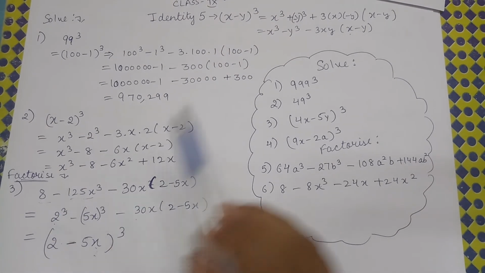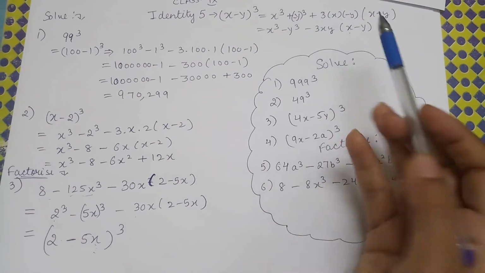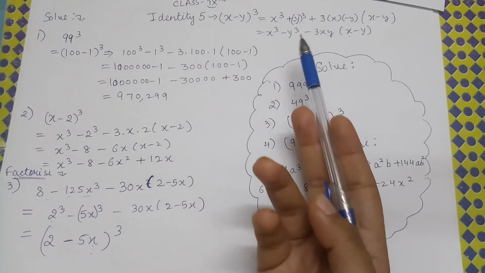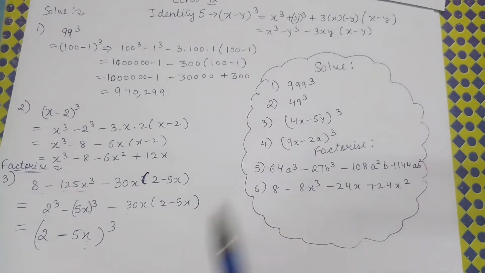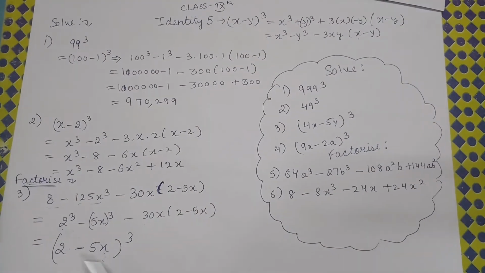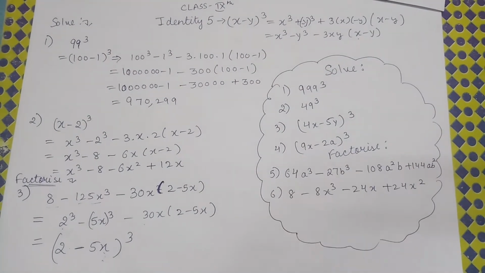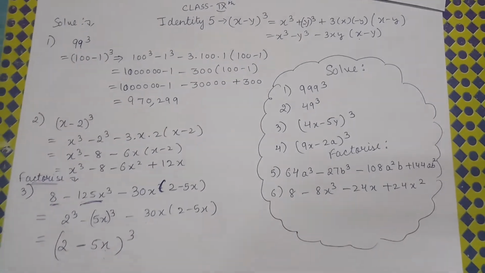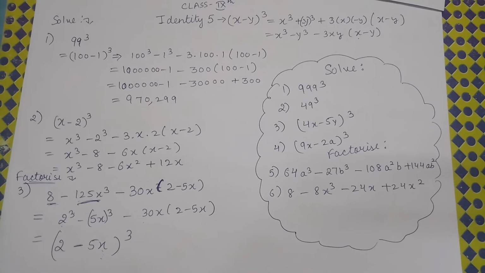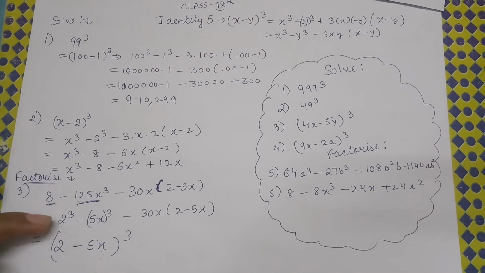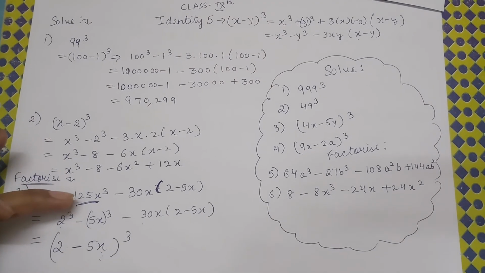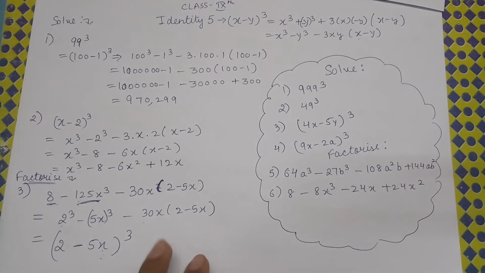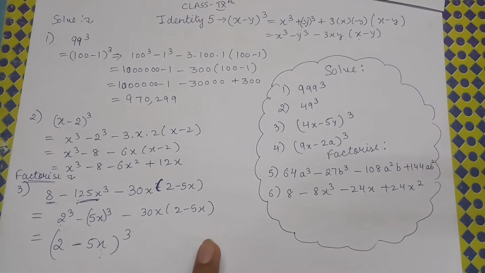Next, factorize. Now we have to move from the right hand side to the left hand side. We have to factorize it in this form. To factorize it, simply focus on the cube terms. The cube terms are the first and second terms. 8 is 2 cube, 125x cube is (5x) cube, minus 30x minus 5x.